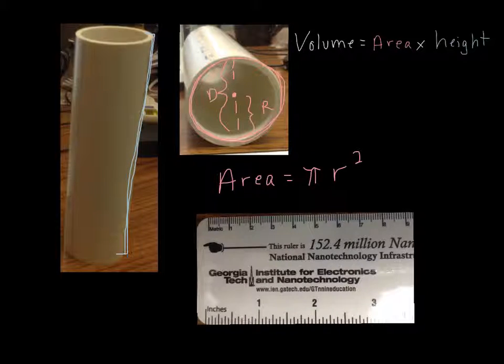So the best way to do this is to measure the whole diameter, which in this case is 6 centimeters, so that's top to bottom of that circle, and then cut that in half, and that's going to give me my radius. So my radius in this case is half of 6, which is 3. So I'm going to go ahead and replace in my formula the r, which stands for radius, with 3, because my radius is 3.